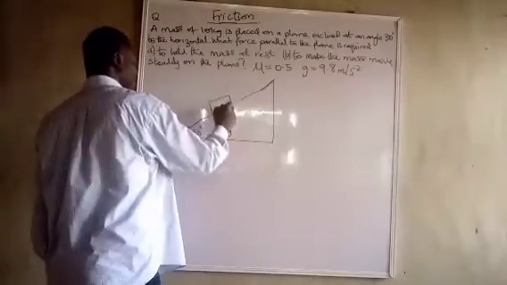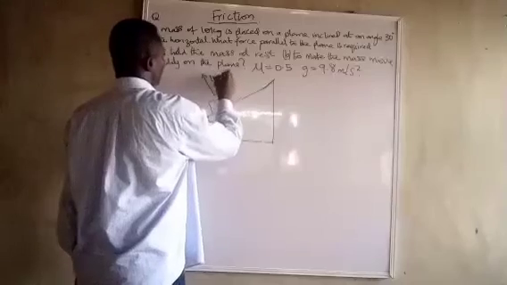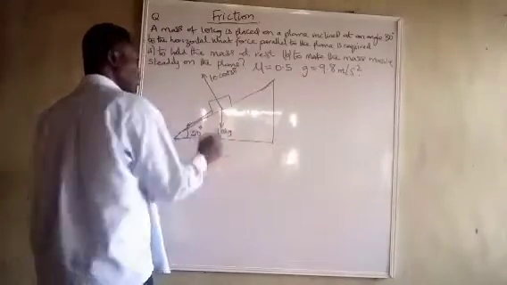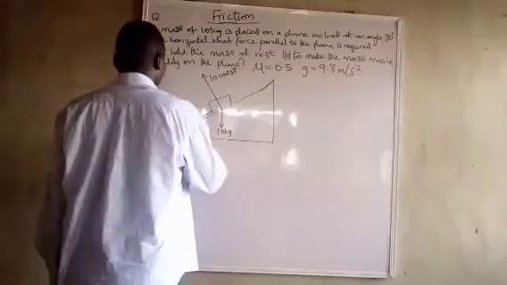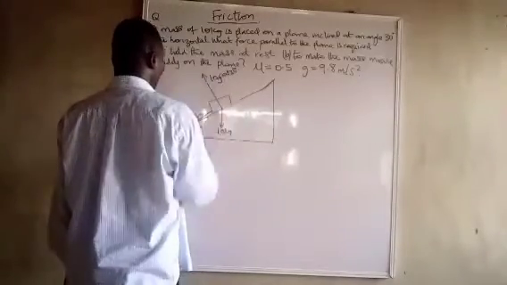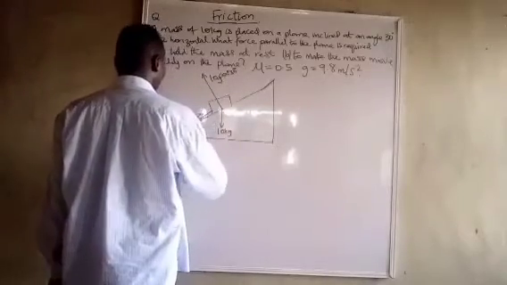Normal to the plane, there is a reaction, and this one is 10g cos 30 degrees. And we have a force going down like this. The normal to this plane is 10g cos 30 degrees, and this one is 10g sine 30 degrees.